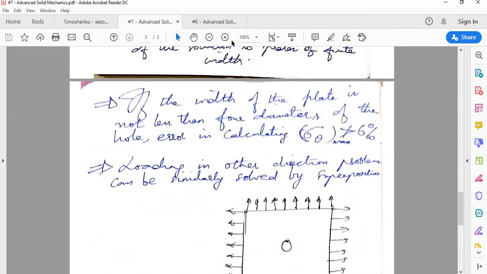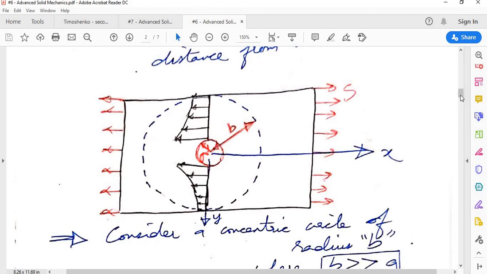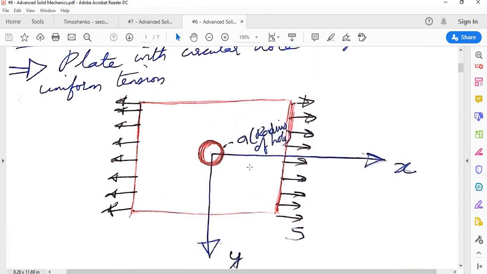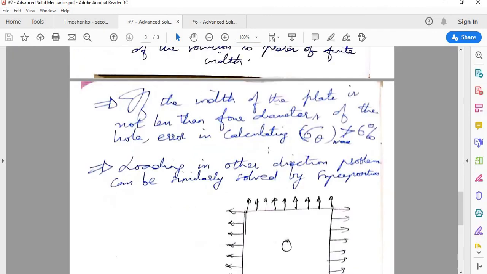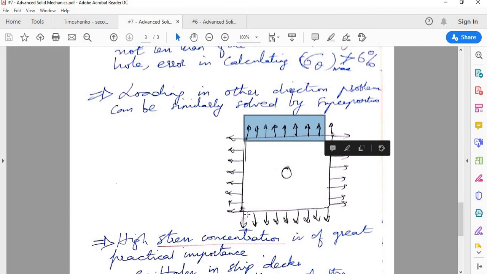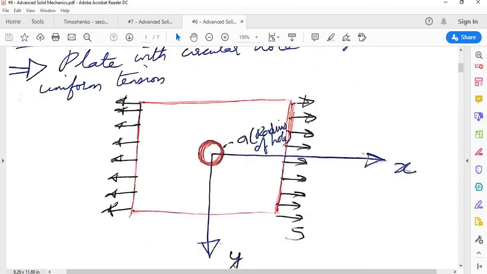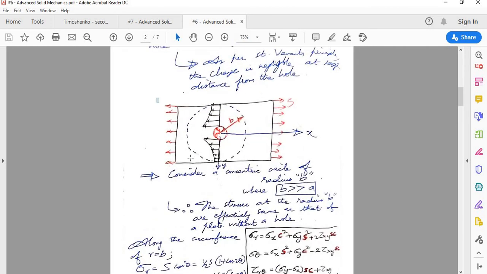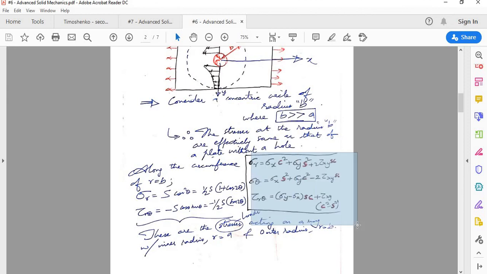This is similar to how we solve this particular problem. Remember, this is the solution of this particular problem. Now in addition to this, you might have tension or compression, some other stresses along the other direction. Such problems can also be solved, either by superposition or by following the same procedure. Remember, here these stresses we had converted into polar stresses by using this equation.